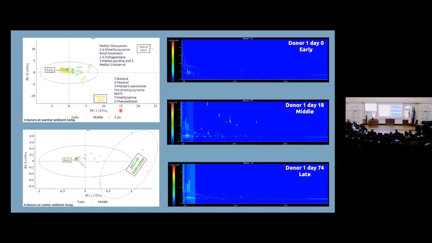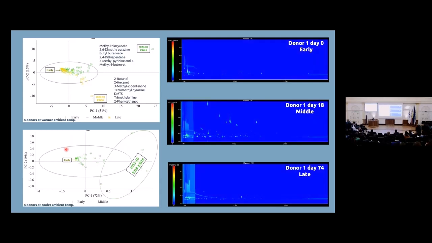And a PCA of all of the different stages. So here is for the 4 donors that were decomposing at warmer temperatures. And there was subtle variability between the late and the middle stage owing to specific VOCs that were dominant in each of these stages along PC2. And then for the 4 donors that were decomposing at cooler temperatures, we just had 2 stages, which was the early and the middle.